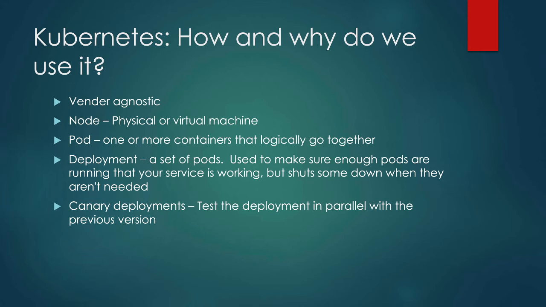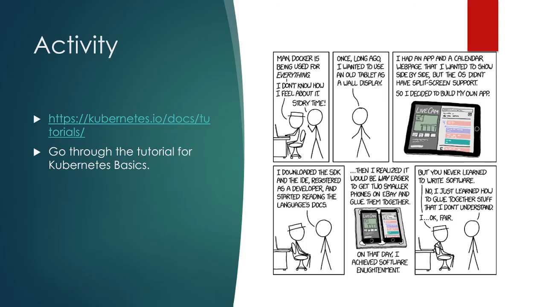When you deploy something, you are sending out a set of pods or set of containers, and you are trying to make sure that you have enough containers that your service works, but not so many that you have way more containers than you need. So that's some of the vocabulary that Kubernetes will end up using.